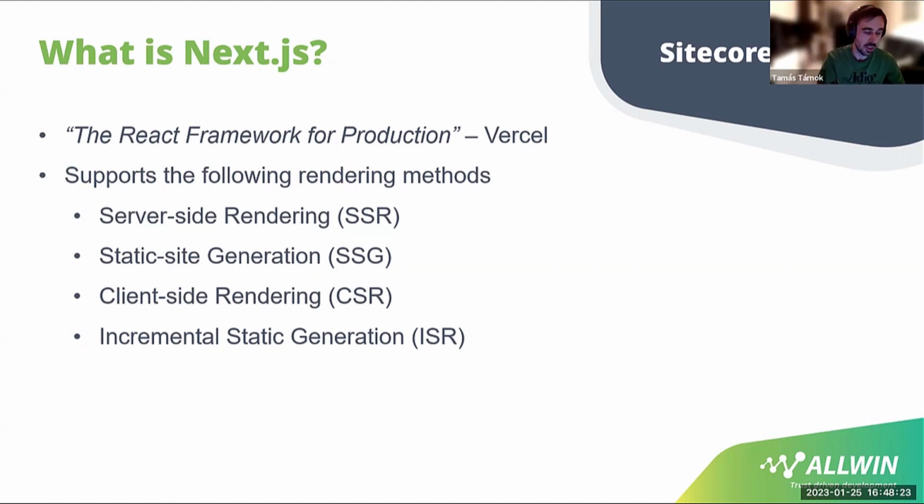So the actual HTML which the user can see in the browser is rendered on the server side at request time. This is really important because when we go to the next one, static site generation, that means the HTML is again created on the server, but not at request time.